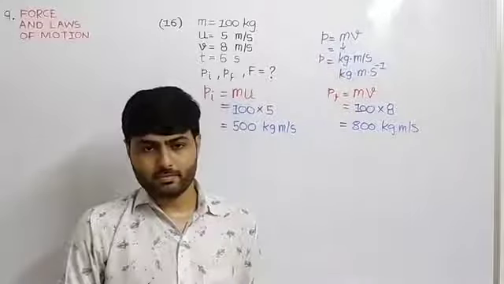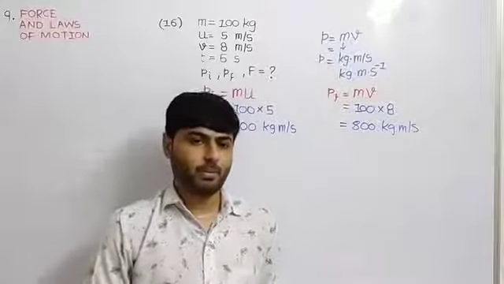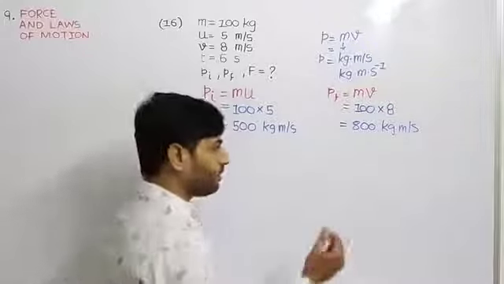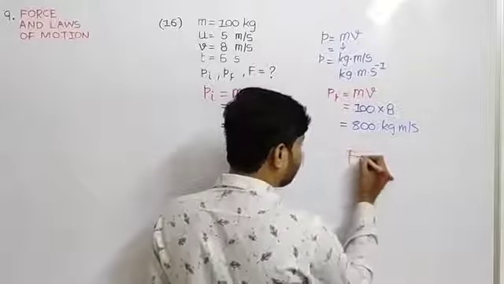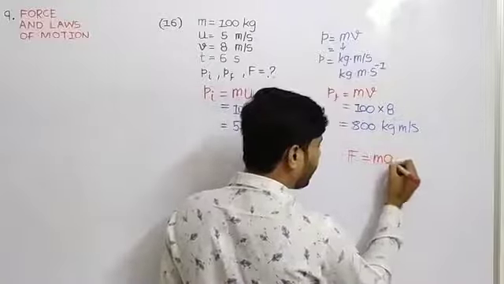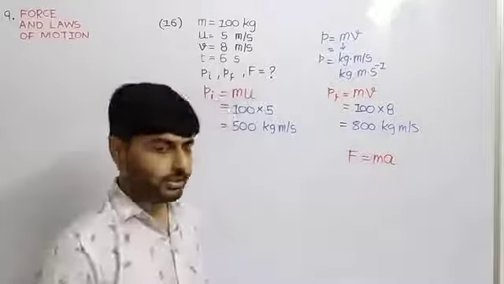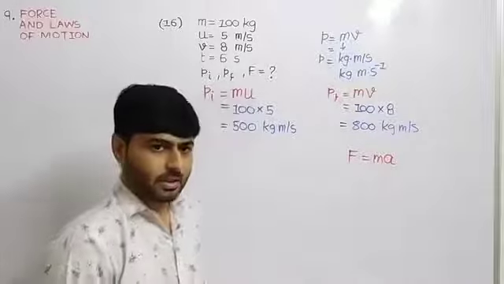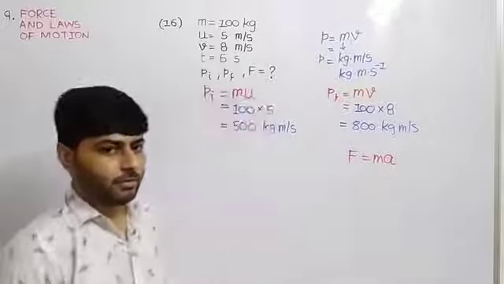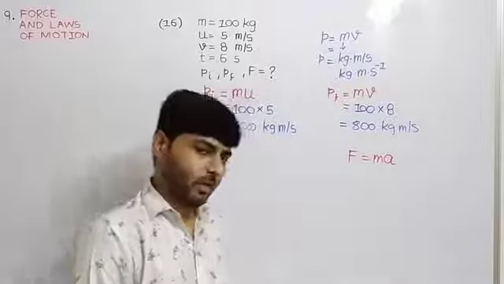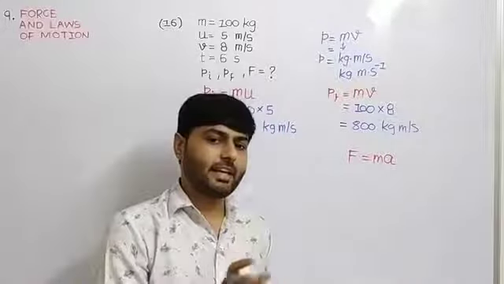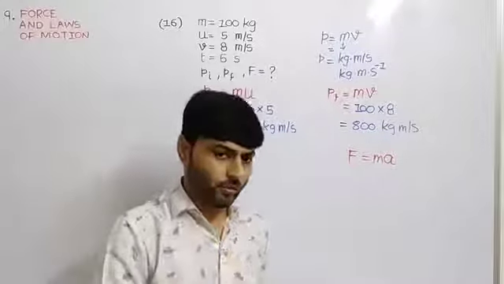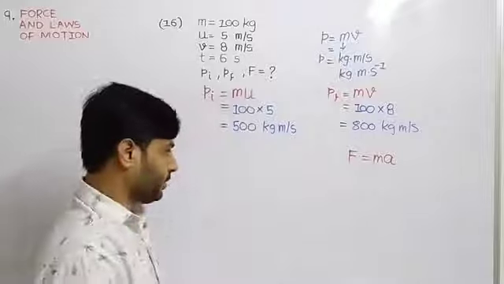Now my dear friend, we can find force by two ways. You know the formula force by second law, that is F is equal to ma. For this we require mass and acceleration. But let me find force by definition of second law. That is, force is rate of change of momentum.